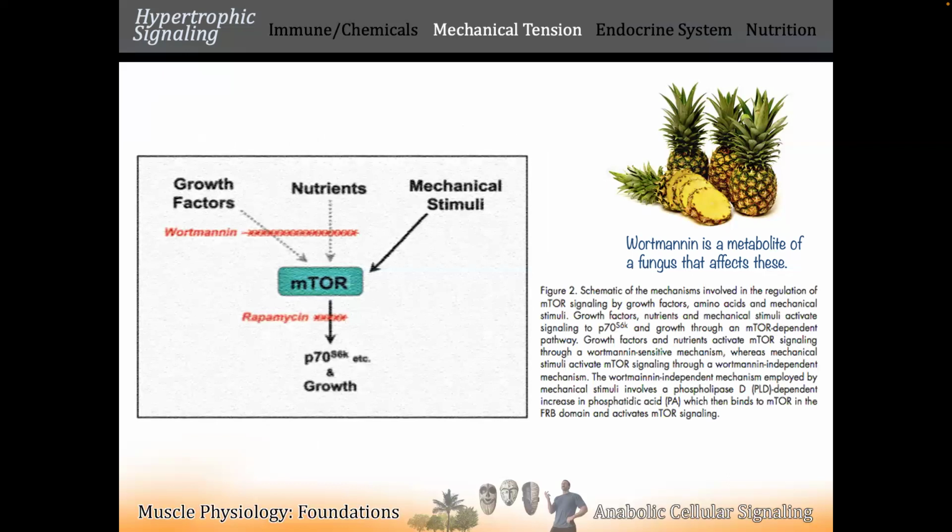Those nutrients signal a little bit differently, but we're going to talk about that later. But growth factors, including both immune system chemicals and hormones, which we'll talk about in the next lecture, all of that stuff really gets shut down in the presence of wortmannin. But mechanical loading still triggers some growth. Rapamycin, though, that's downstream from PI3K, downstream from PKB. That's knocking out mTOR itself. Mechanical stimulation of hypertrophy gets wiped out by rapamycin.